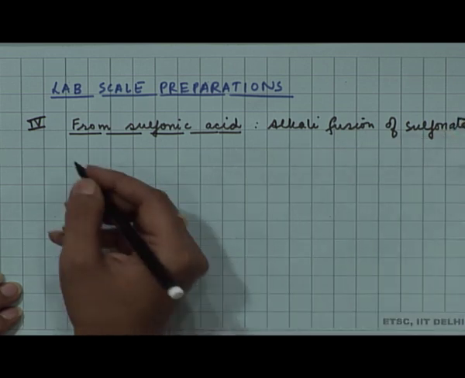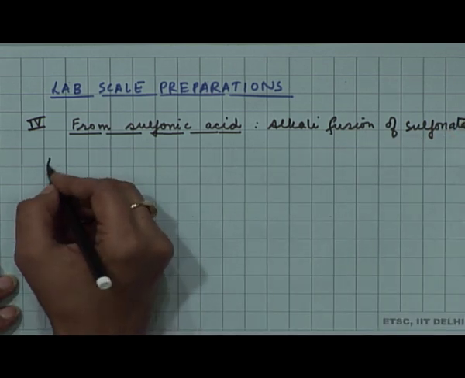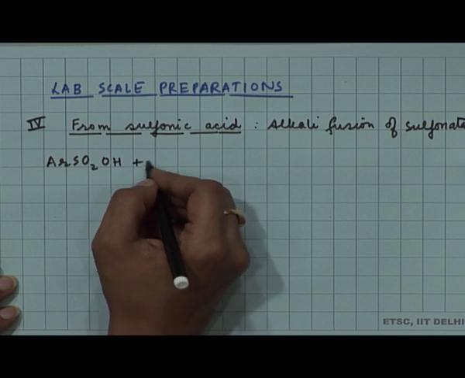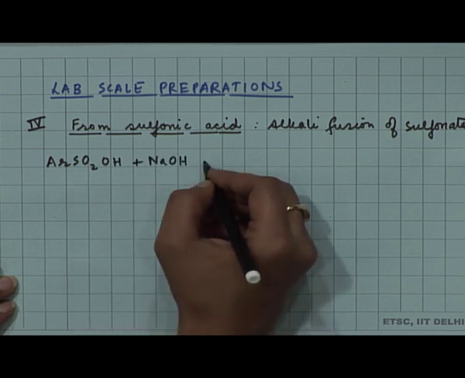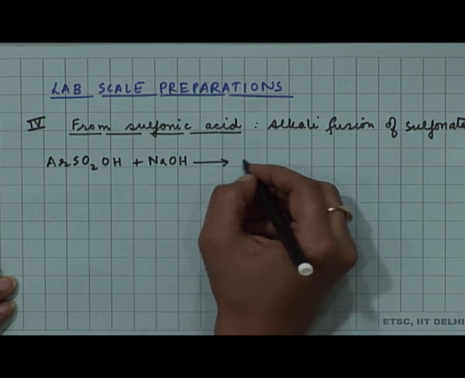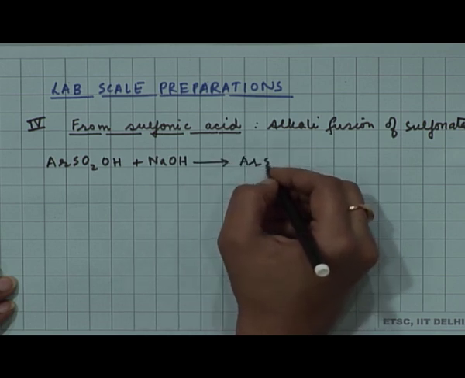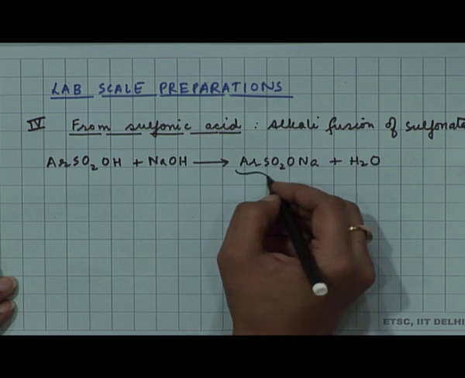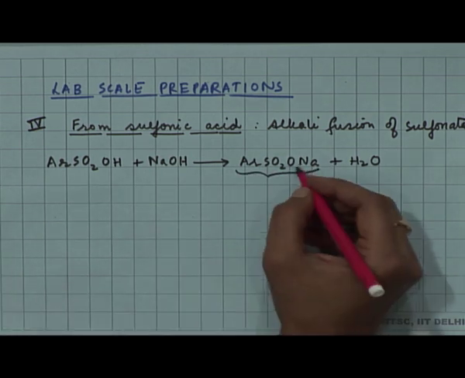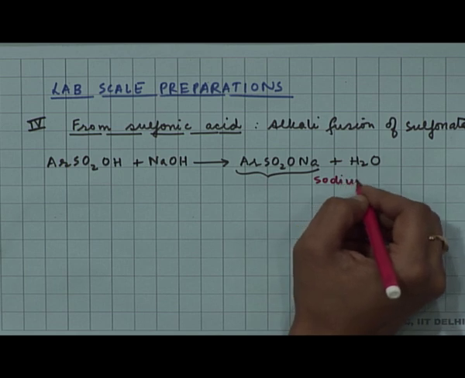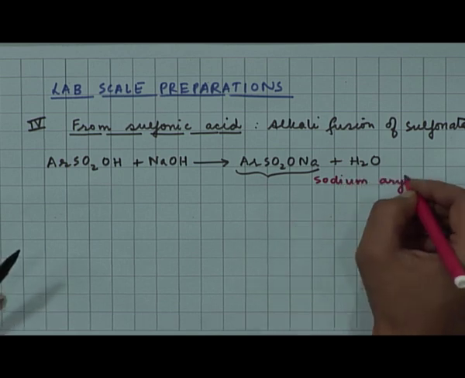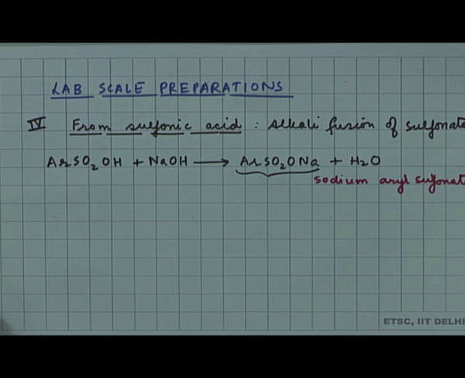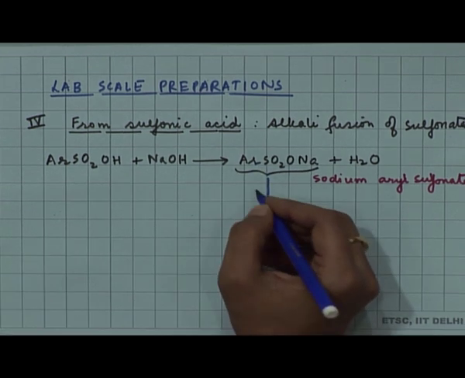In the presence of alkali, you have your sulfonic acid, and you get the sodium salt of sulfonate. So, this is your starting precursor, your sodium aryl sulfonate, and this is subjected to fusion with the alkali.